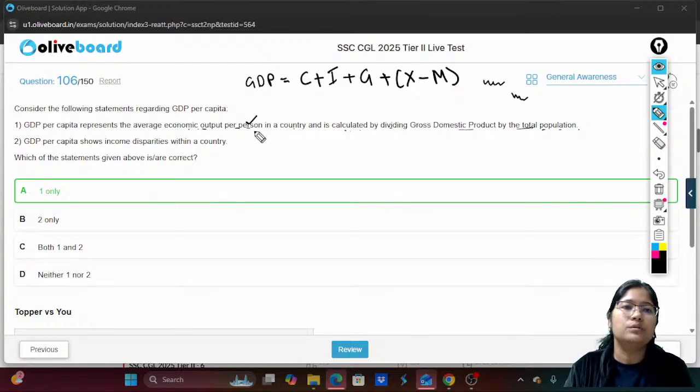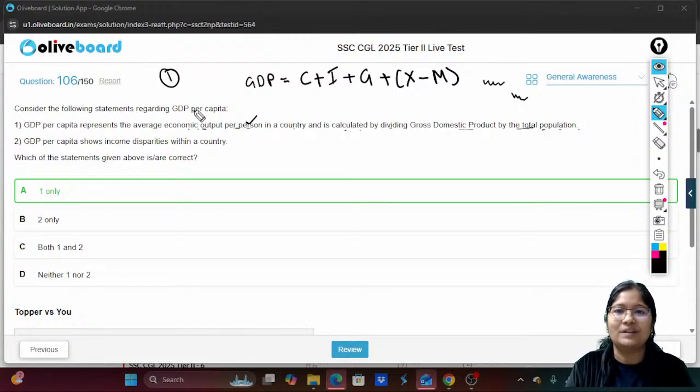Now, if you have the GDP and the total population of a country and you divide that, that will give you the average of ideally what is per person or per capita.